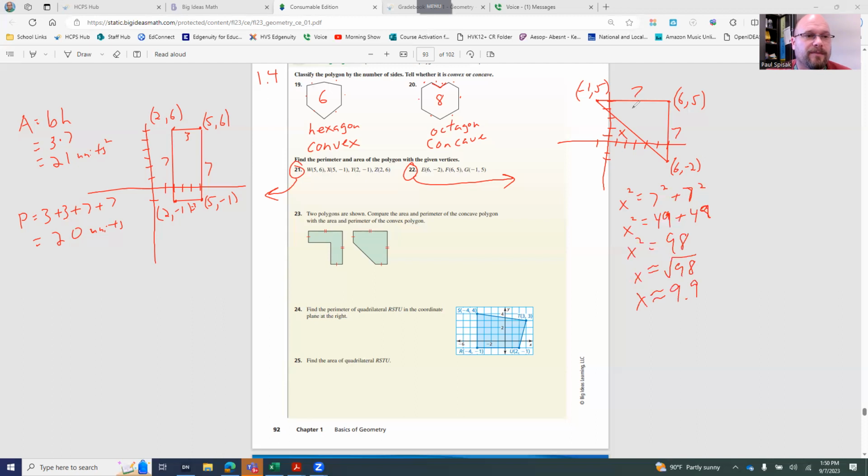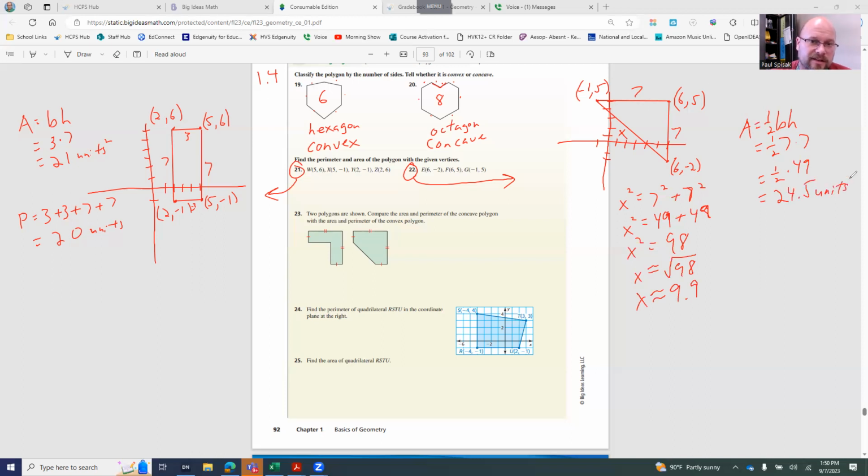So we have all of our sides. If we do area, area is 1/2 base times height for a triangle. Base and height here are both 7. So 7 times 7 is 49. And 49 times 1/2, or divided by 2, is going to give us 24.5.